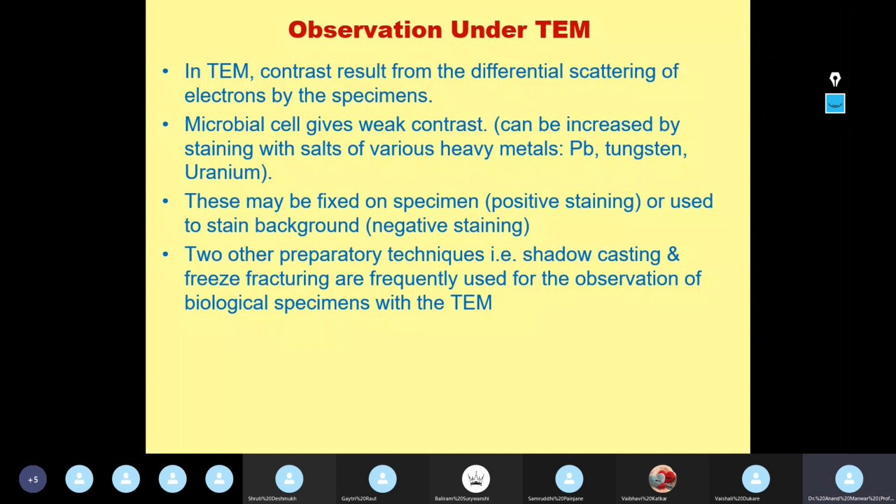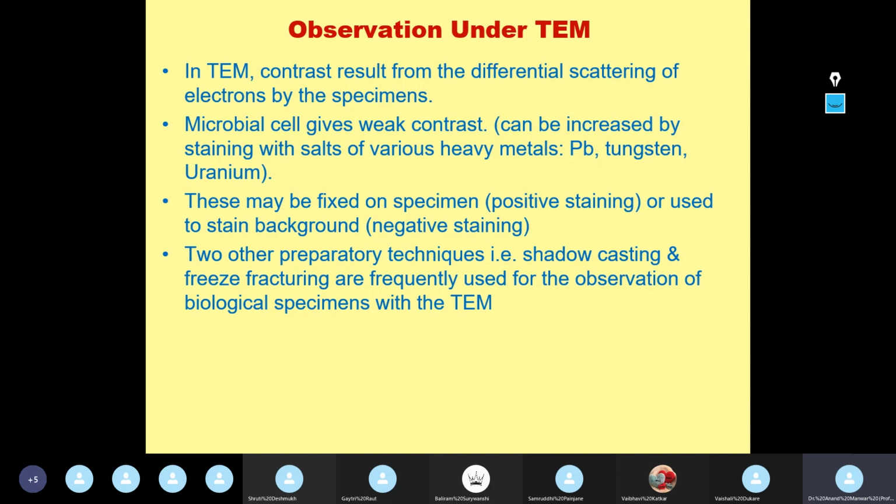If you are working without staining, it becomes very difficult to observe because the specimen is transparent against a clear, bright background, you cannot have a contrast and you will not be able to see anything.